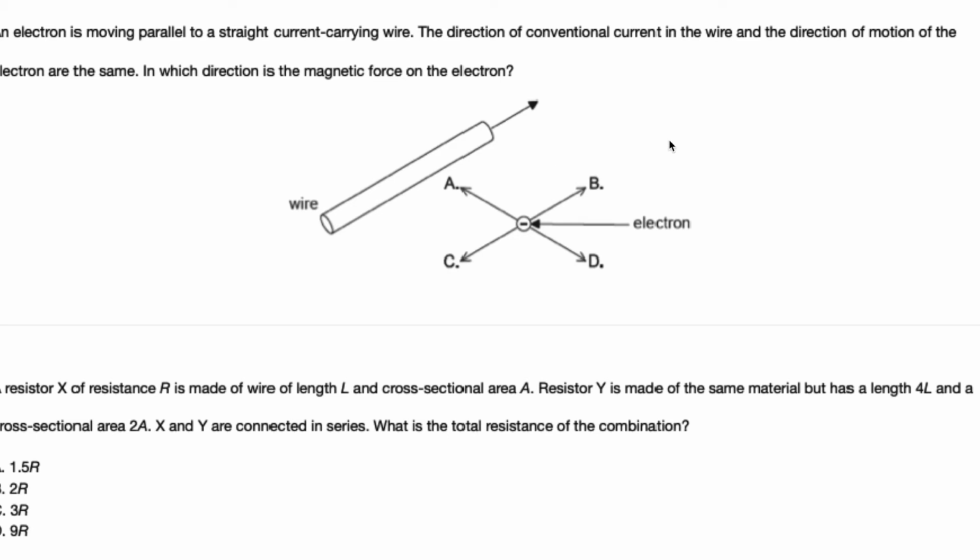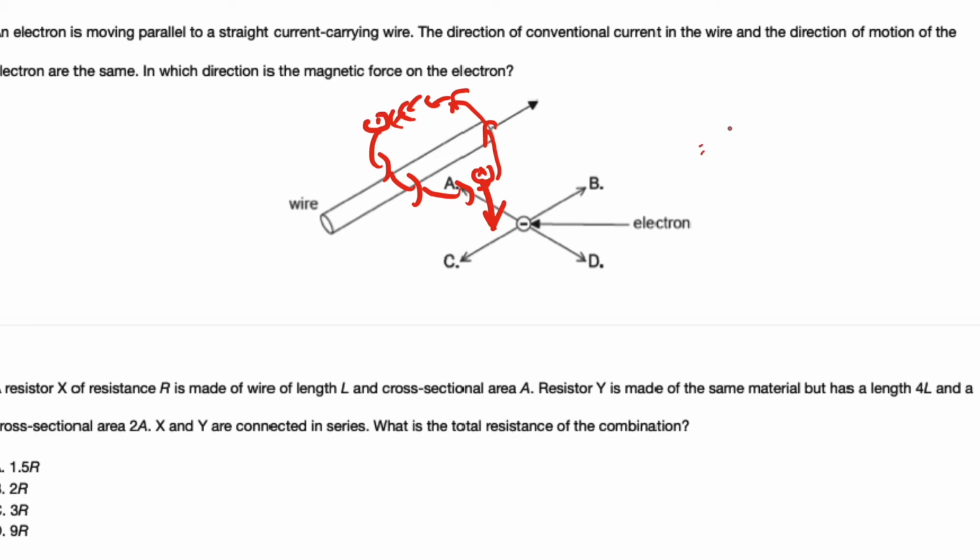Right, it's pointing downward. So for here, you can say it is pointing out of the page. Here is pointing into the page. So the magnetic field is going to wrap around the wire, and for here it is tangent. So it's going to be pointing downward.